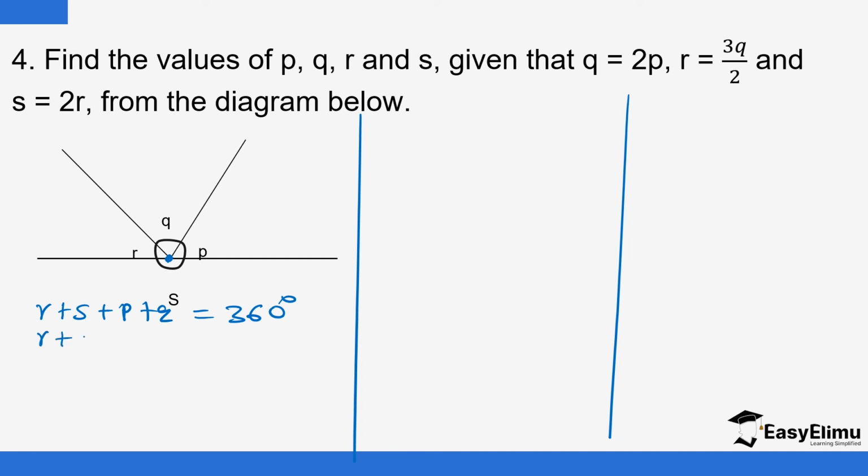So R plus S plus P. Instead of Q now, I'll use this relationship here. So Q is 2P. This equals 360 degrees. What else can we substitute?